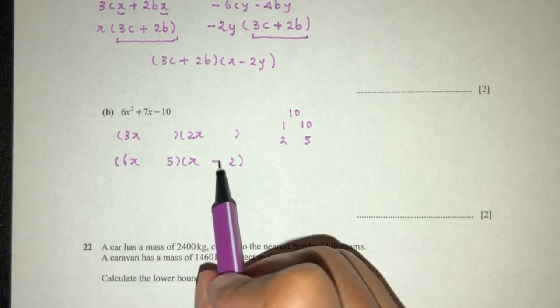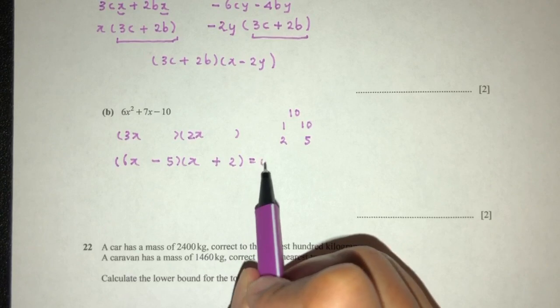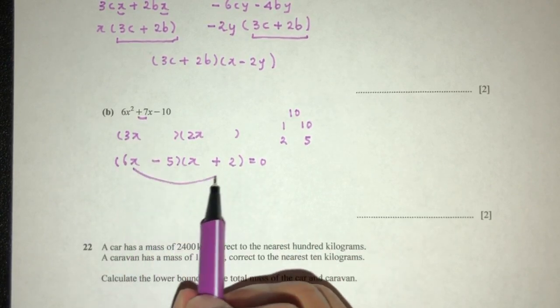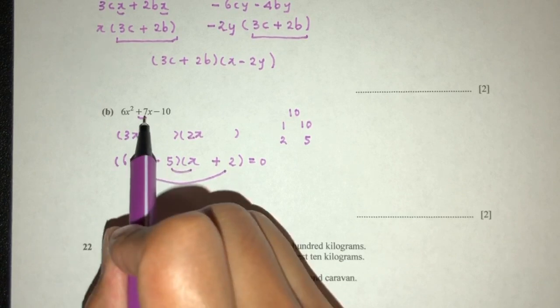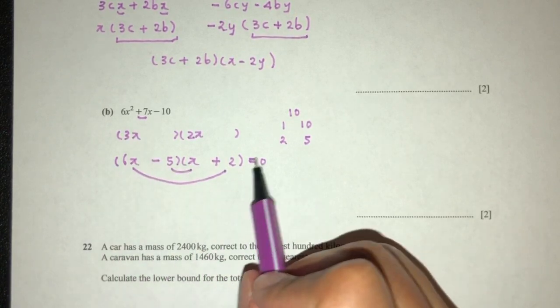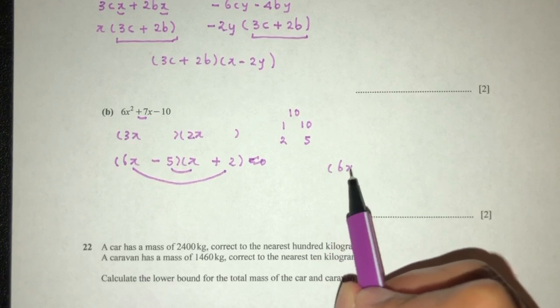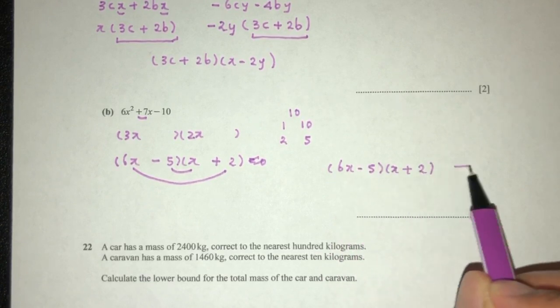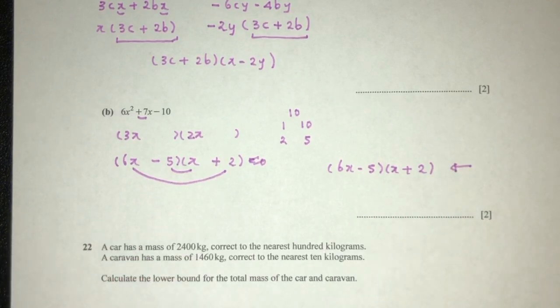That will be plus 12 minus 5, which gives me plus 7. This times this will be plus 12 minus 5, which is plus 7, and that works. So this is my factorization, which is (6x minus 5) times (x plus 2). That is your answer for part B, question number 21.